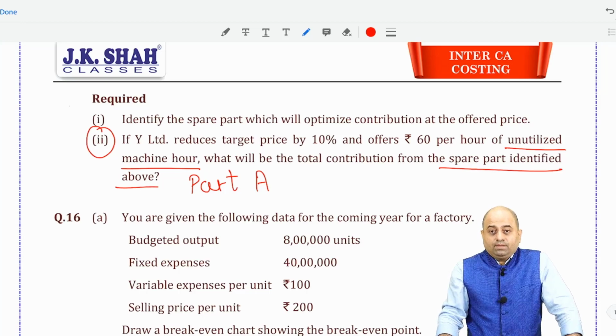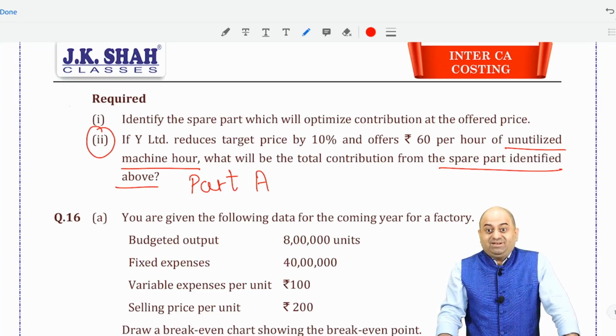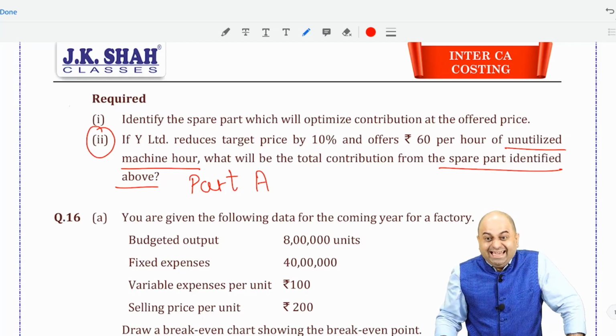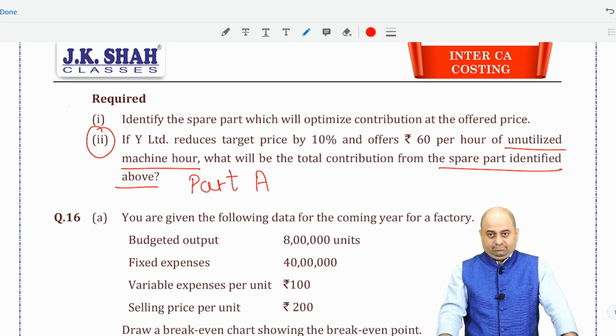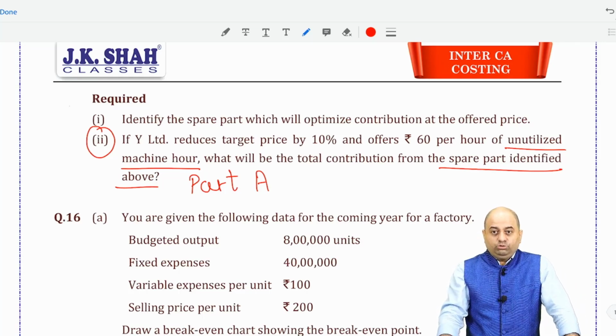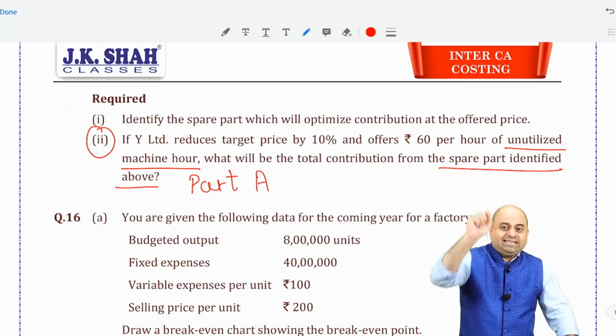Find out total machine hours. From that, subtract how many machine hours are utilized for producing part A's selected units.